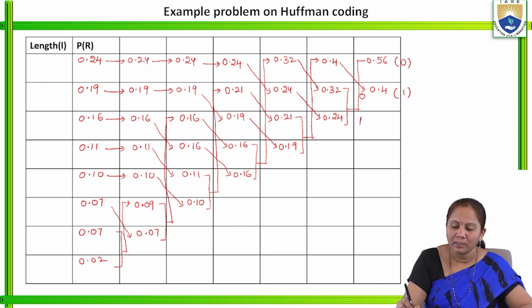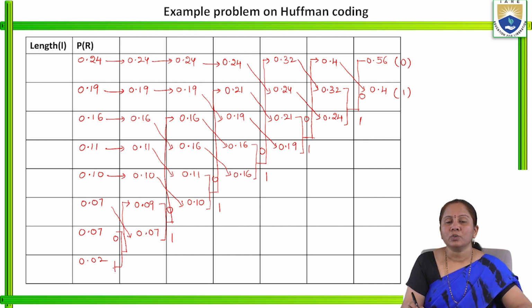So like this, 0, 1, 0, 1, 0, 1. So this symbol 0, 1 and this is 0, 1. So like this 0 and 1 codes should be assigned, 0 to the higher one and 1 to the lower one.